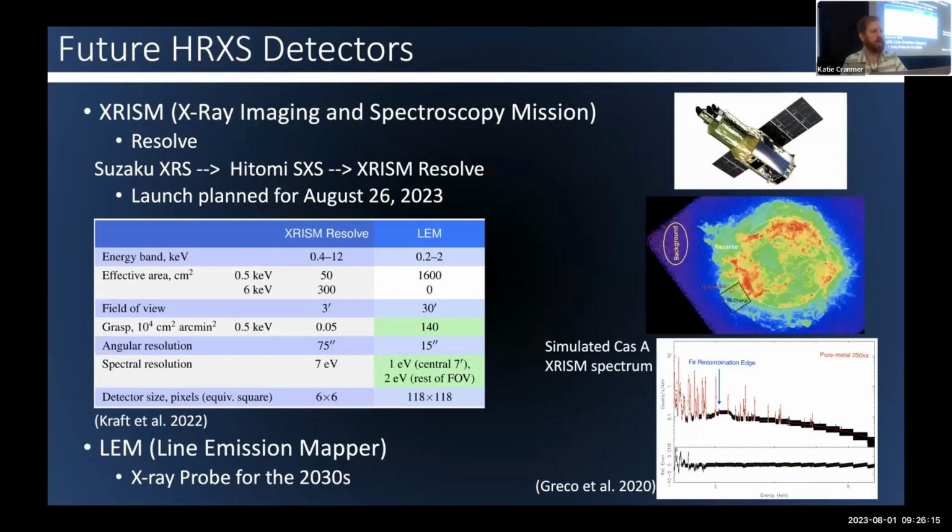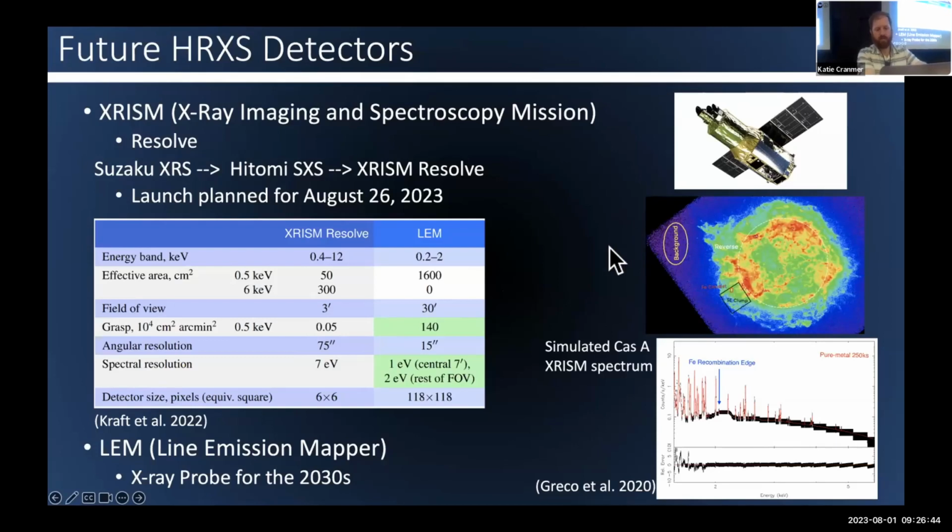That brings us to XRISM. XRISM, of course, is the recovery mission of Hitomi, which also used a similar detector to Suzaku. It's planned for August 26, 2023, as Pat mentioned. It has fairly good spectral resolution, kind of mediocre angular resolution, but it's still exciting to use for supernova remnants.